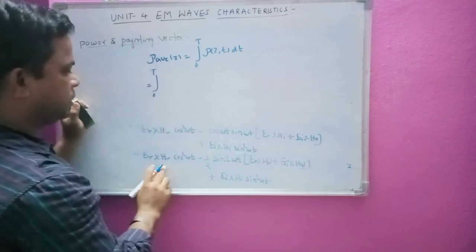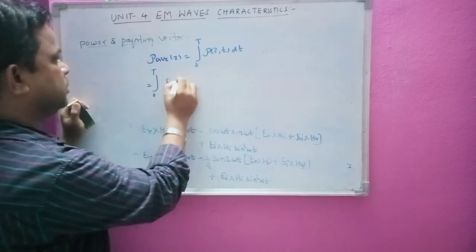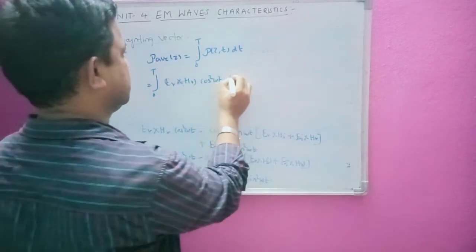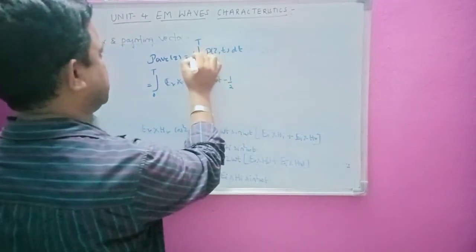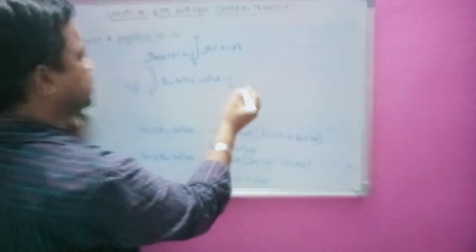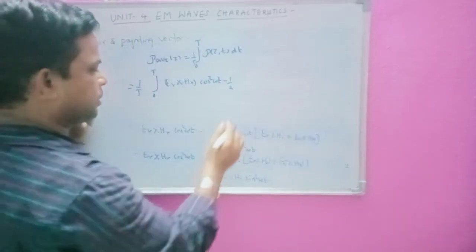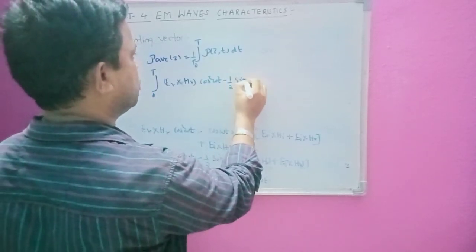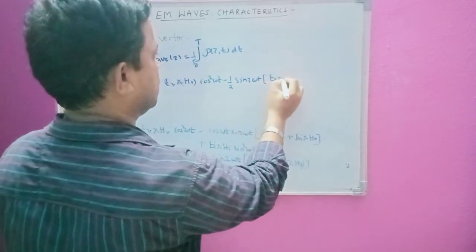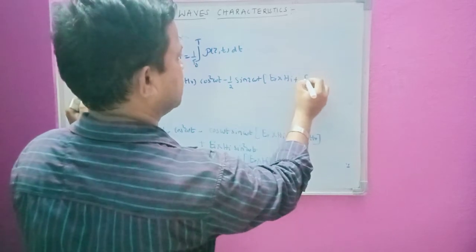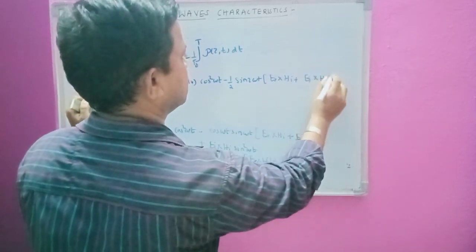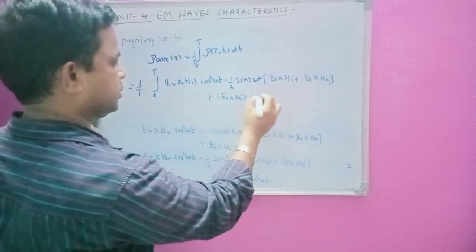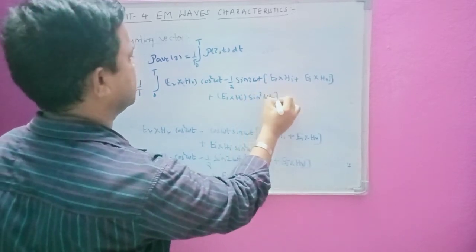Integration of 0 to T, 1 by T: Er cross Hr cos square omega t minus 1 by 2 sin 2 omega t into Er cross Hi plus Ei cross Hr, plus Ei cross Hi sin square omega t into dt.